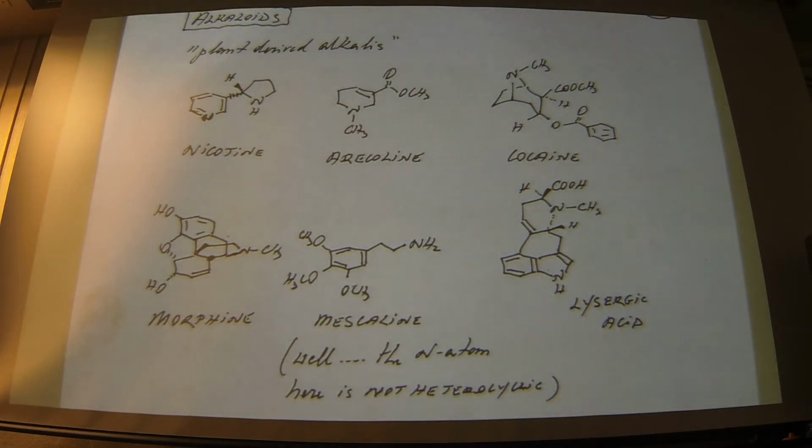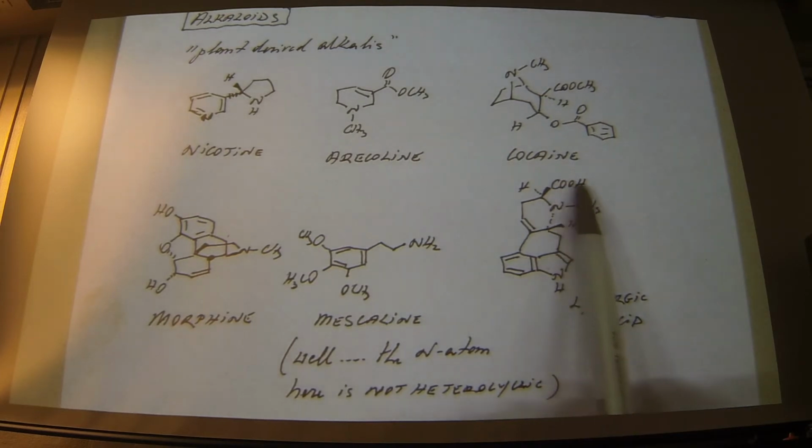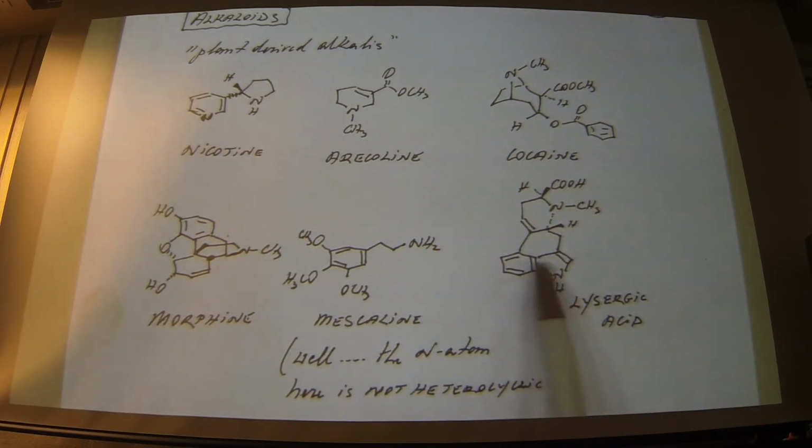Those are hallucinogenic cacti that grow in the Sonoran Desert. Those cacti were used and are used as part of a religious ritual by some of the Native Americans. Okay, so this doesn't have a heterocyclic nitrogen atom, but it fits a pattern that you will see. Then lysergic acid, the ethyl ester of this is LSD.